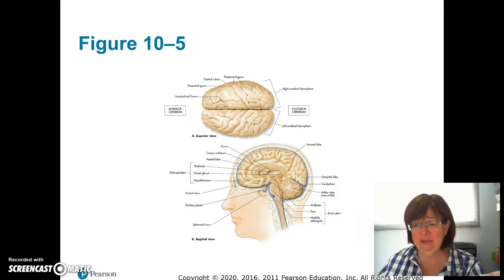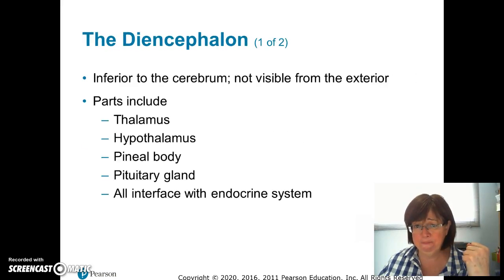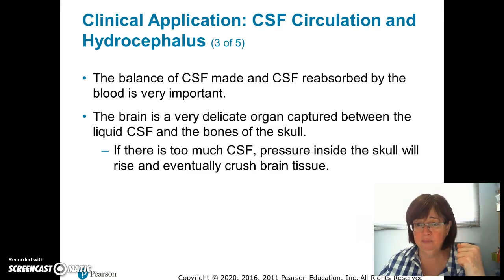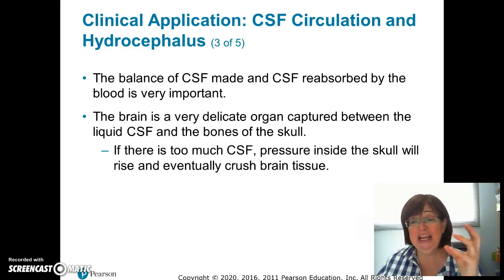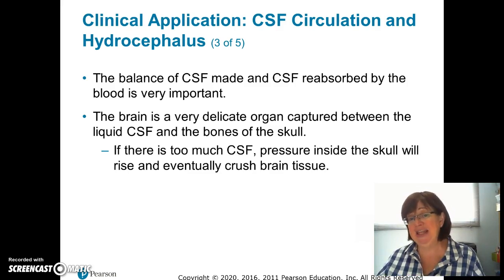This is a good diagram to put it all together for you. Now, cerebrospinal fluid is made in part of the brain, and it takes fluid from the blood and then it goes into the cerebrospinal fluid.